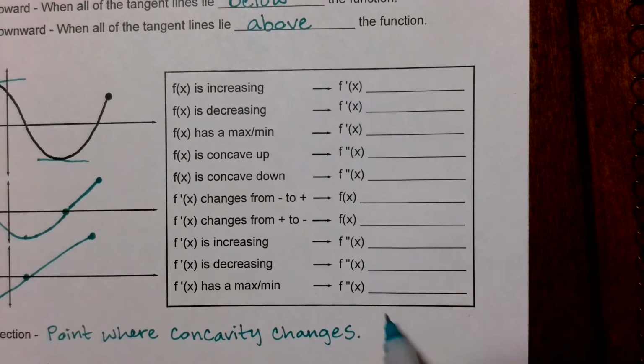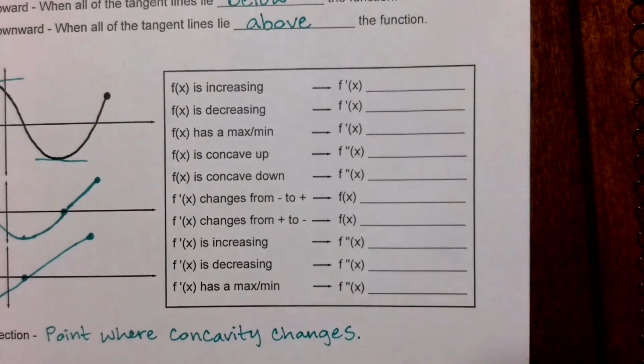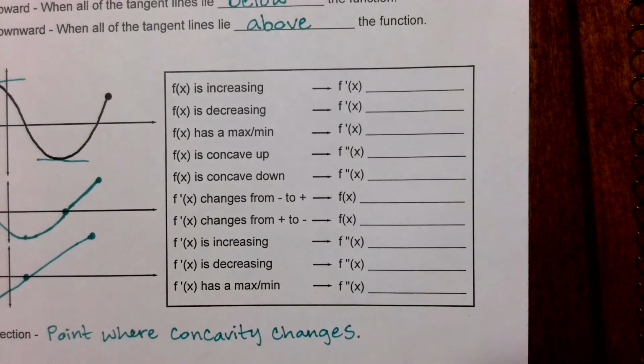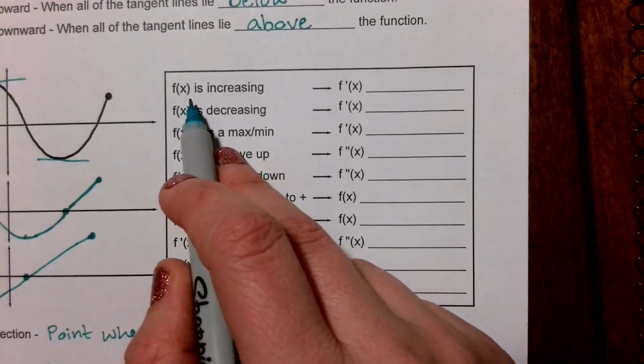Something that could help with this section is, anytime I am looking at f prime, to think the slope of f. Anytime I see f double prime, sometimes it helps to think the slope of f prime, but a lot of times it helps to think concavity or point of inflection of f. So at the very beginning, we've got f of x is increasing.